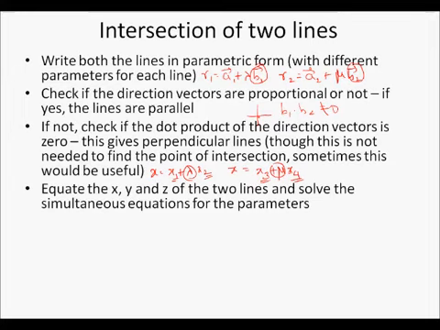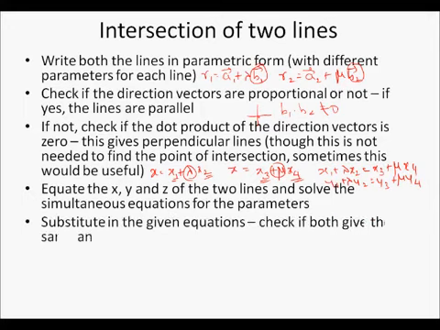So you can equate them: x1 plus lambda x2 equals x3 plus mu x4, and y1 plus lambda y2 equals y3 plus mu y4, and so on. You will get three equations with this. You have to solve them simultaneously and solve for lambda and mu.